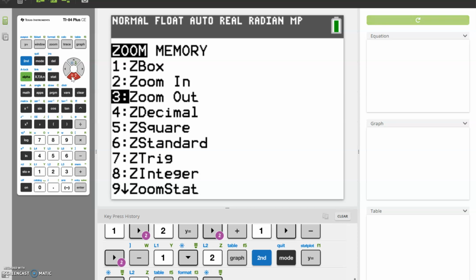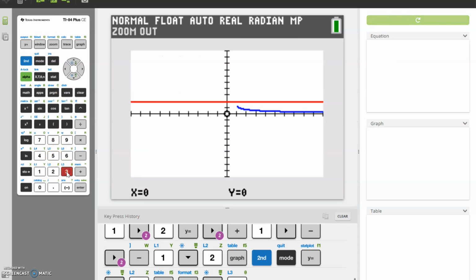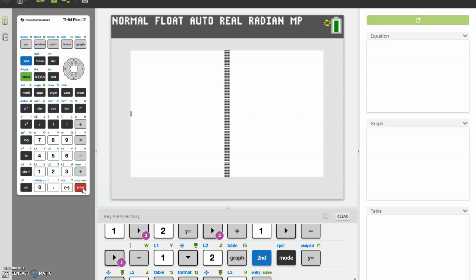In other words, you step back and try to get a bigger view of the picture. It's going to step away while focusing on the origin, and I think that's fine for now. If you wanted to, you could arrow a little bit over to the right. But in order to actually zoom out, now we're going to hit enter.